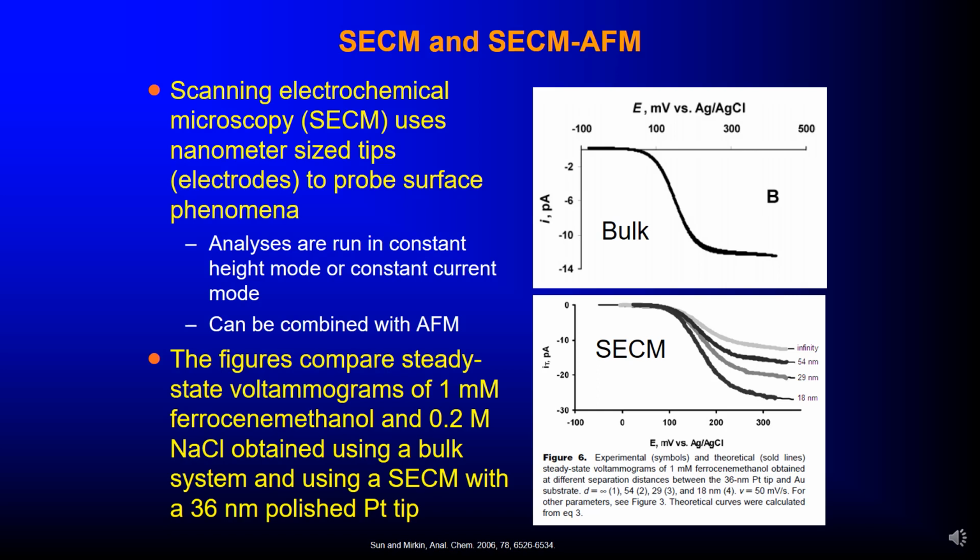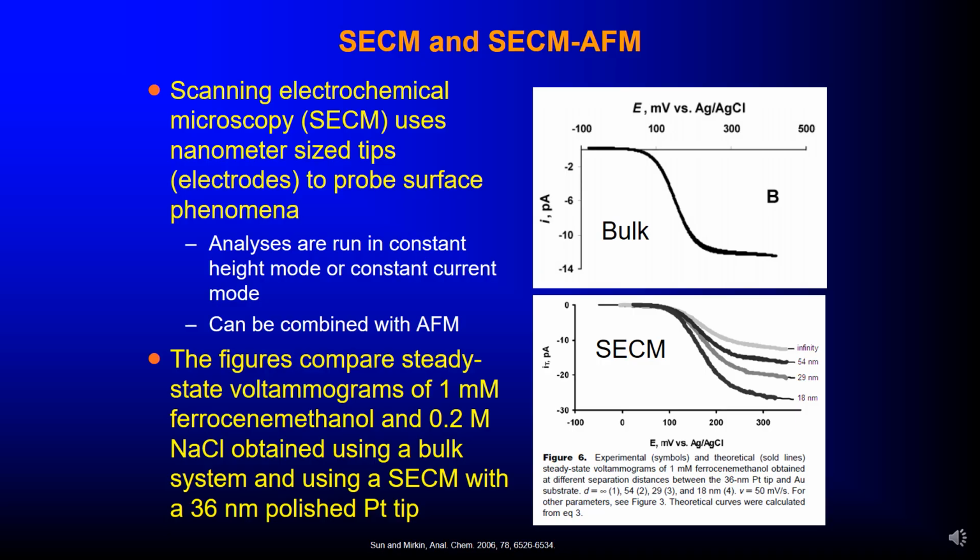So one of the applications of scanning electrochemical microscopy is to identify precursor sites for corrosion in passive oxide films that protect metals.